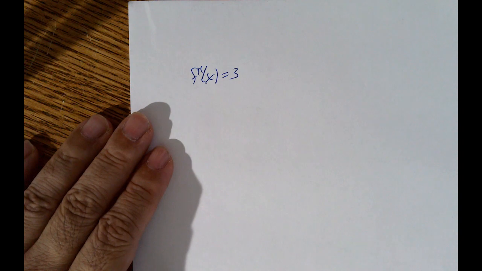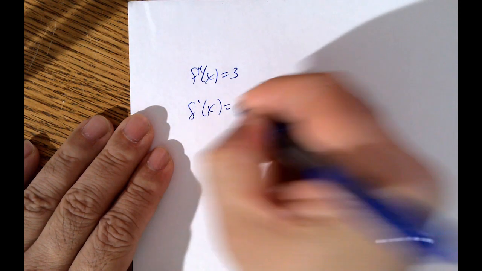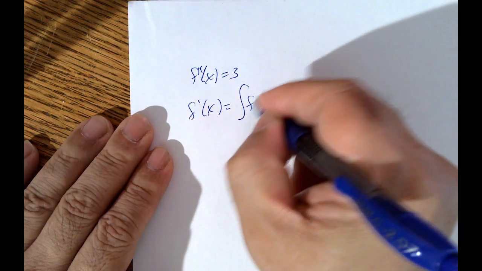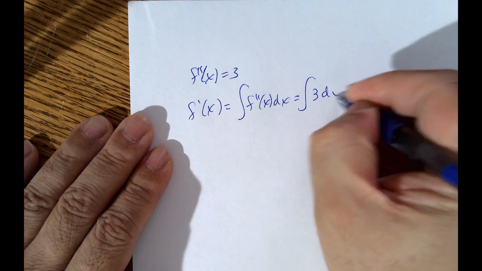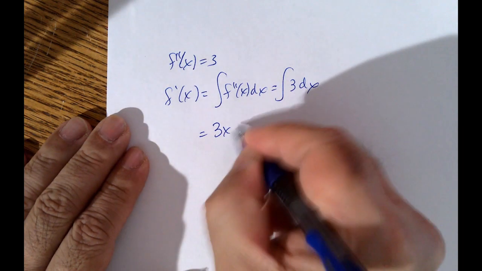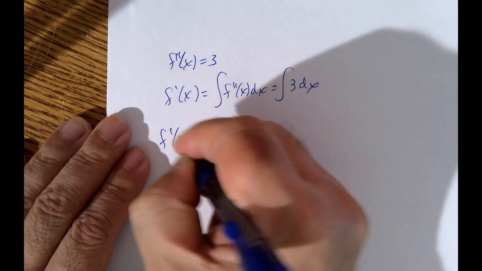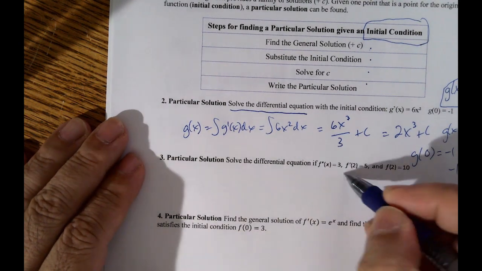All right, so we want f prime of x. f prime of x is the integral of f double prime of x. So that's the integral of 3. And when we integrate that, you get 3x plus c. So that's f prime of x. But we don't know what c is. Right? And they give us enough information to solve for c. That's the f prime of 2 equals 5.